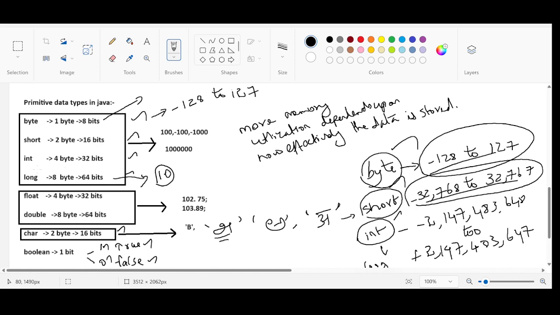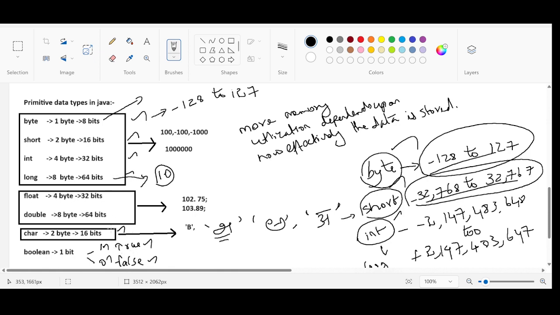These are the primitive data types, and again we have another category called non-primitive data types, where you will be storing a very big raw data. The primitive data types are limited to numbers, single characters, and the boolean value.